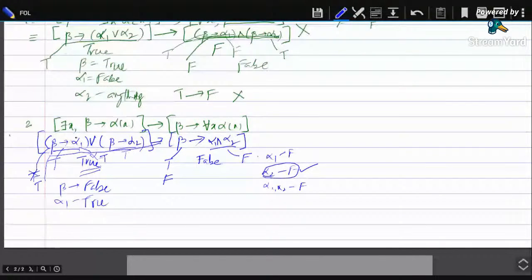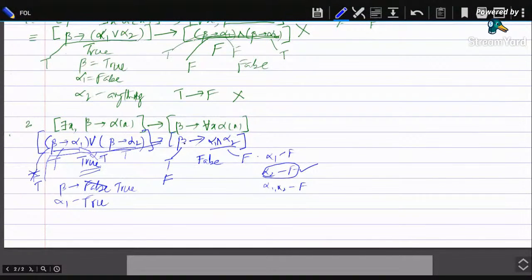This bracket is true because beta is true and alpha 1 is also true. Beta is true, alpha 1 is true. So beta is true, alpha 2 may be true or false, it doesn't matter because this bracket has already become true, which makes this whole square bracket true.